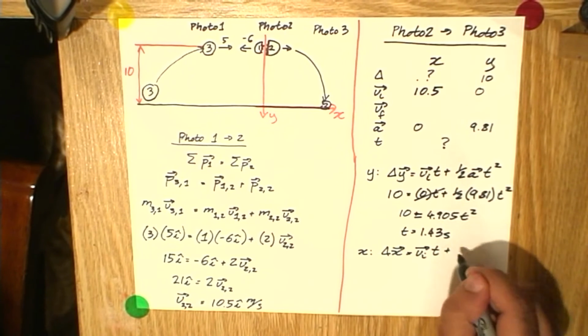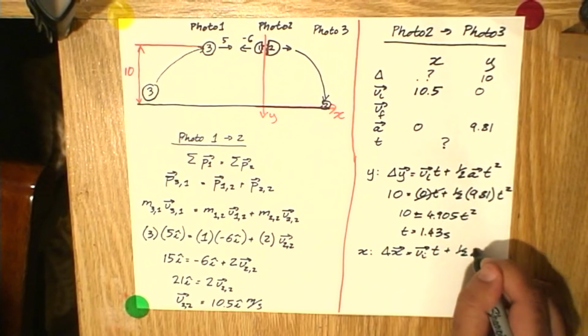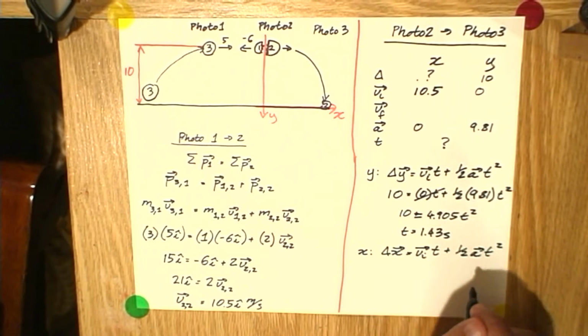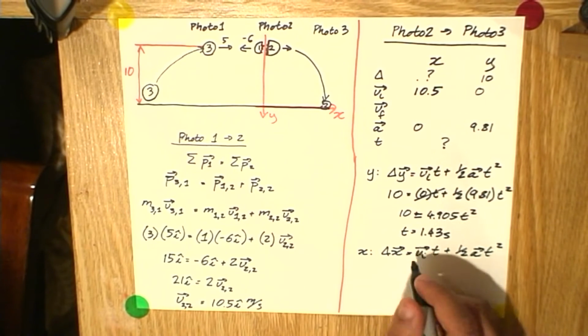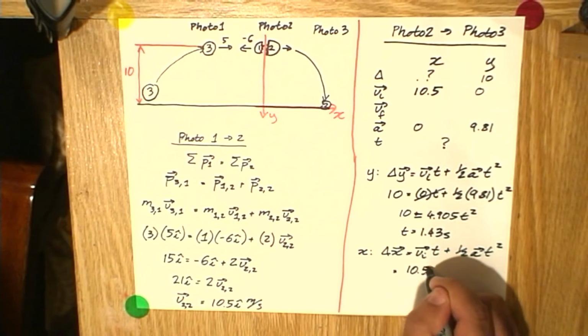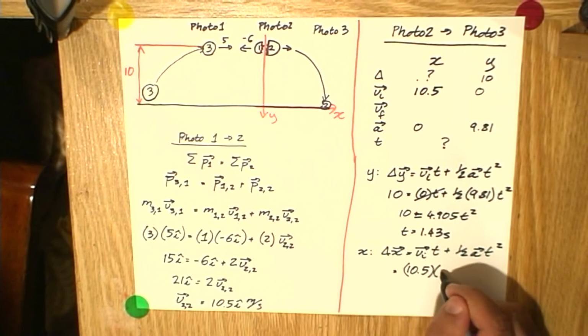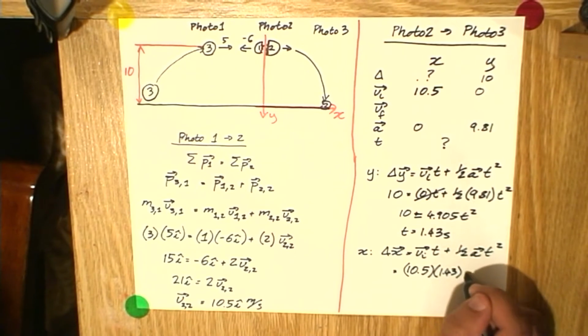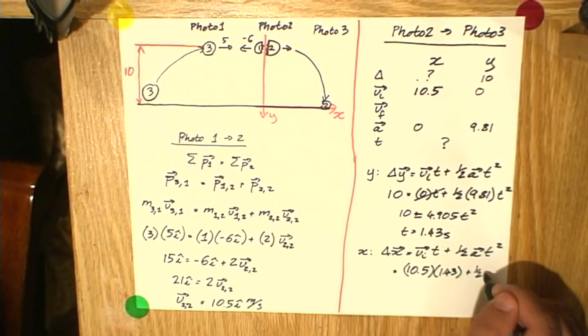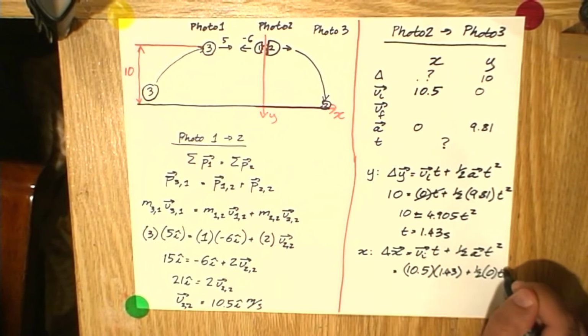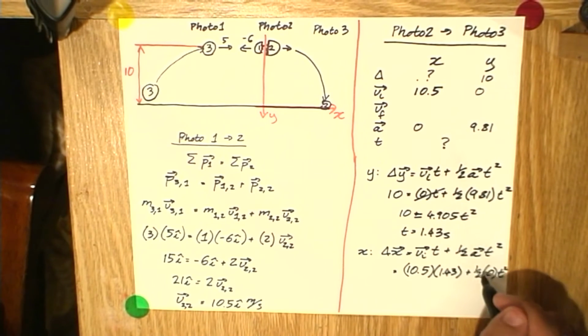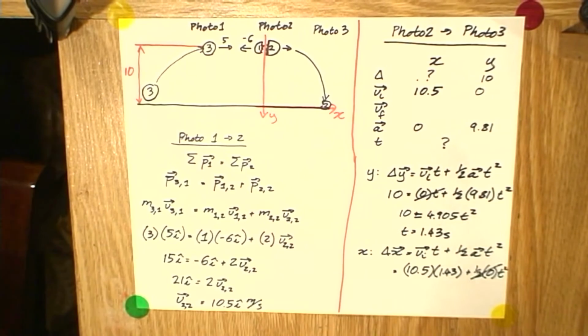V initial times t plus 1/2 acceleration times t squared. So delta x is the unknown, but v initial was 10.5 times time, which was 1.43, plus half times acceleration, 0, times t squared, which we don't really need to bother about because this entire term is going to go away.